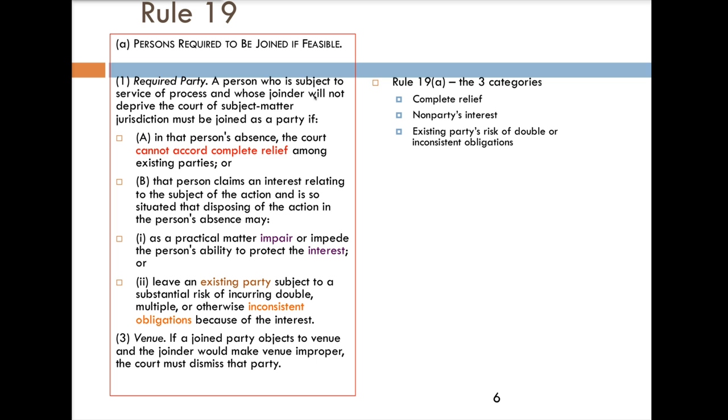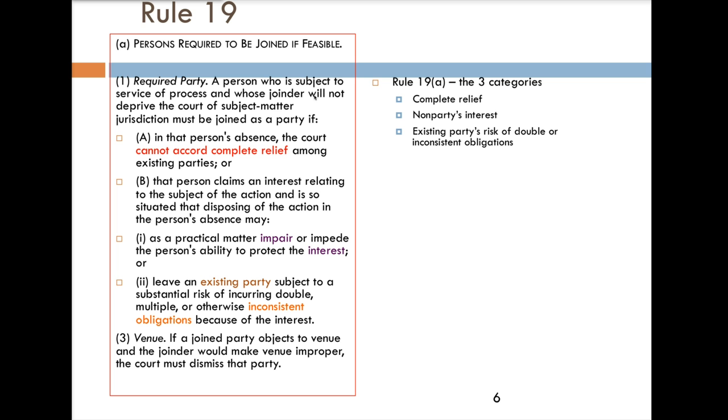Another possibility is maybe the non-party has an interest that will be impaired if they're not joined. For example, they have an employee whose interests they would like to preserve in terms of keeping the employee working for them, such that if they're not part of the case, they can't adequately represent that interest. Another possibility is moving on to the existing parties' possible liability for double, multiple, or inconsistent obligations.